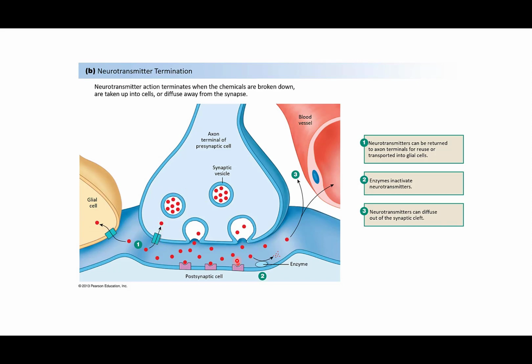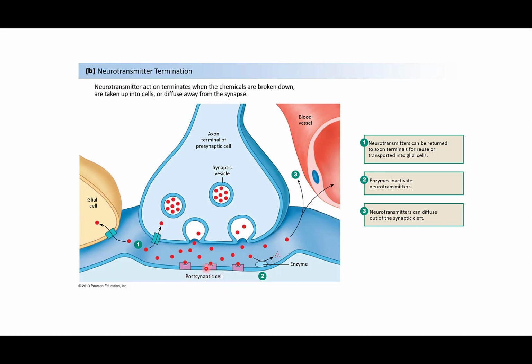The second fate is there are enzymes, so proteins that function as an enzyme that are embedded on the membrane of the postsynaptic cell. And I didn't really talk about that terminology. Typically when we have a synapse, right, we refer to the axon terminal as the presynaptic cell, and the cell that's on the other side of the synapse is the postsynaptic cell.